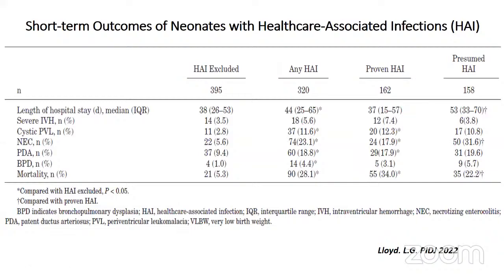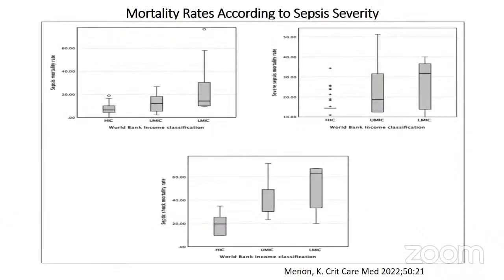So what I'm highlighting is that infection is not only a problem in terms of mortality. Even those who survive, we should be following them up because they can have other morbidities.